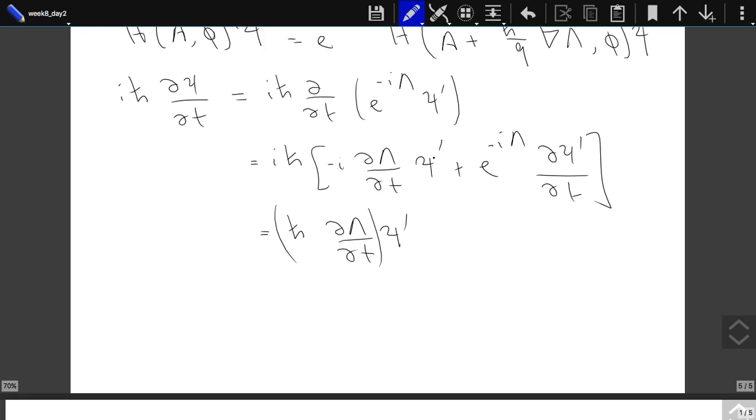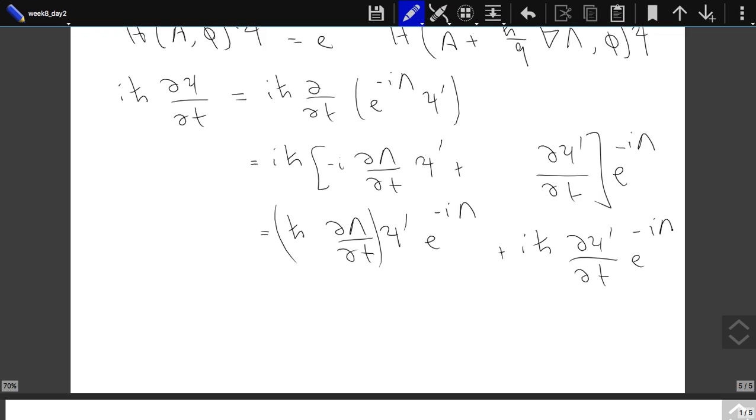Now this is a common factor, e to power minus I lambda, plus I h bar del psi prime by del t, e to power minus I lambda. Now let's put everything together.